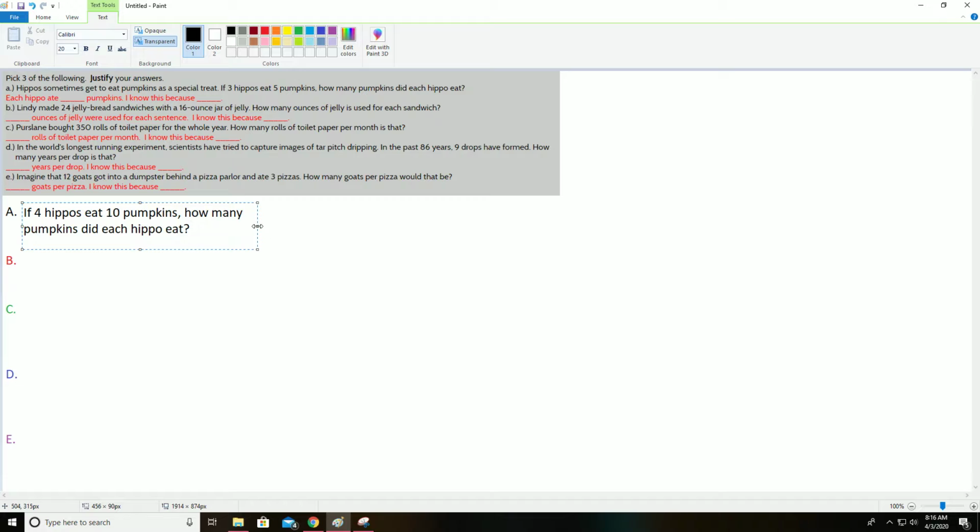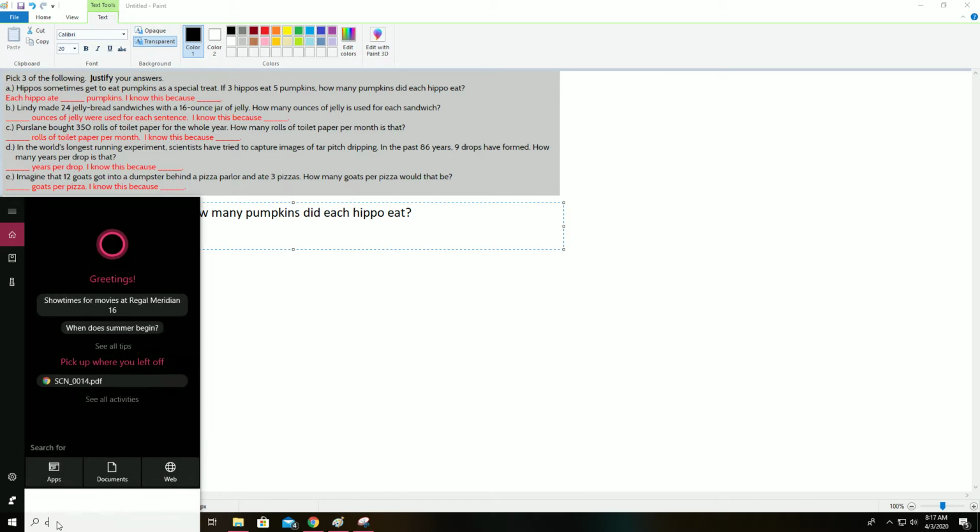All right, so if I want to do this problem, there's two ways I can do it. I can either use some multiplication, and I can say if there's four hippos and they each eat some pumpkins, how many pumpkins did each one eat? Well, there's 10 pumpkins and there's four hippos, so we're just going to divide 10 divided by 4, and that should tell us how much each one ate.